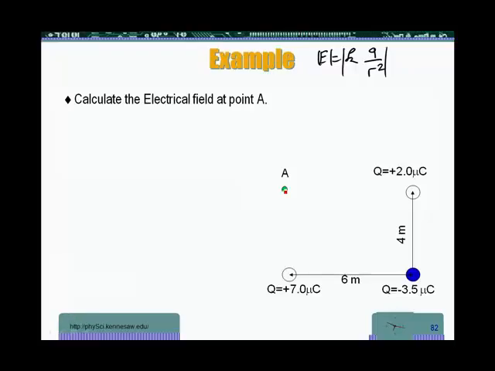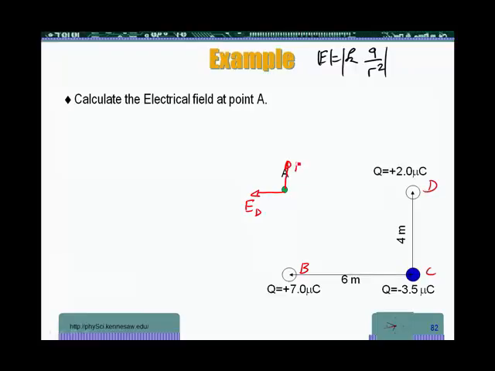Due to charge, let's call this charge B, C, and D. So the electrical field due to charge D is going to point away from charge D, since charge D is positive. So it's going to be like this. So this is ED. The electrical field due to charge B is going to point away from charge B, since charge B is positive.